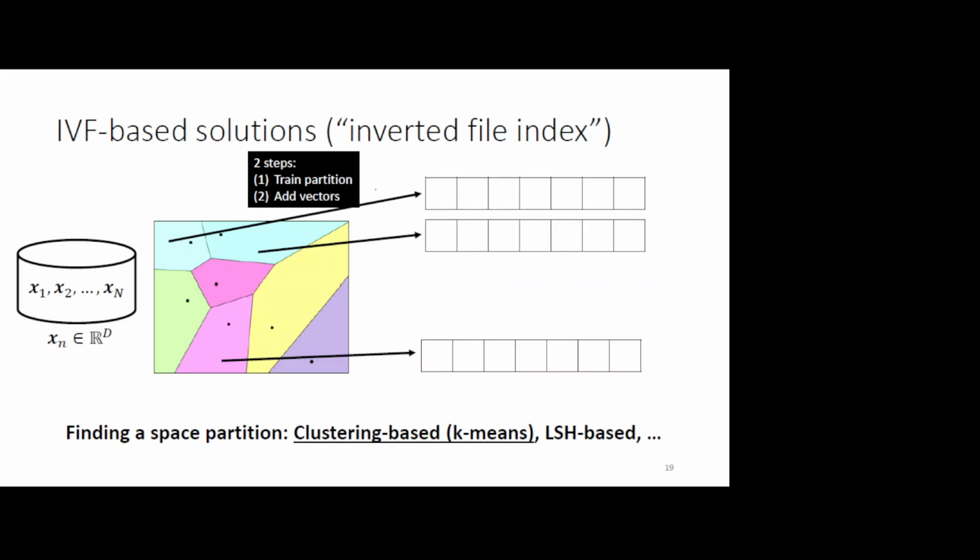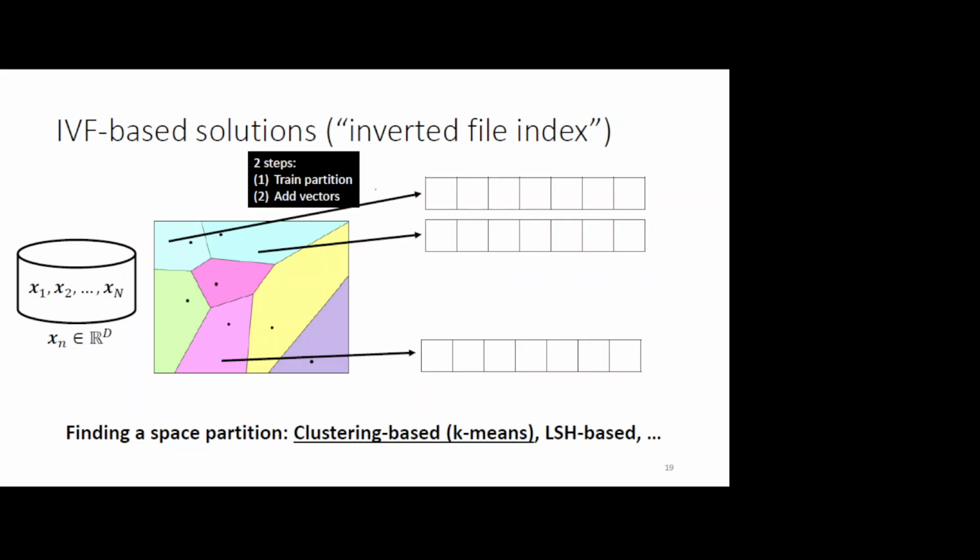Okay, here is an example. You can see we use this data set as our training set. Then we find 1, 2, 3, 4, 5, 6, 7 partitions here, and each partition is represented by a centroid. Generally you can use K-means to get this result easily.